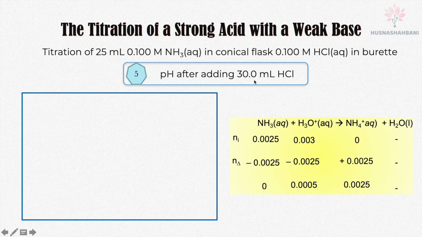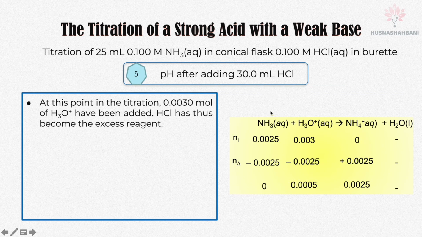Next, after we add 30 ml HCl, we calculate the number of mole of HCl. That is the number of mole of H3O plus. So 0.003 here, and NH3 is 0.0025 mole, from 25 and 0.1, so you get 0.0025 mole.